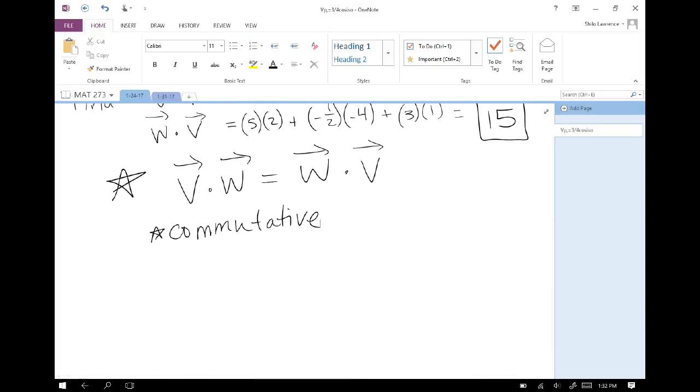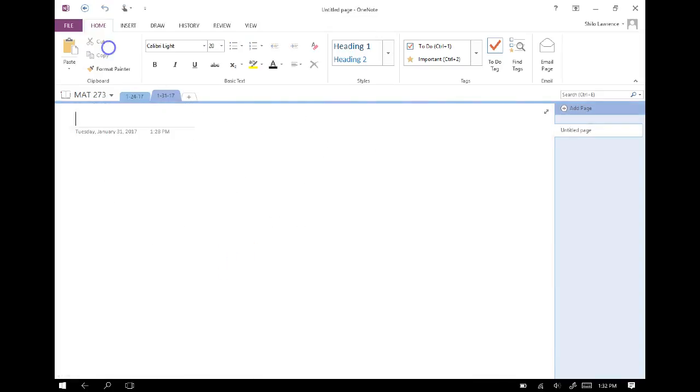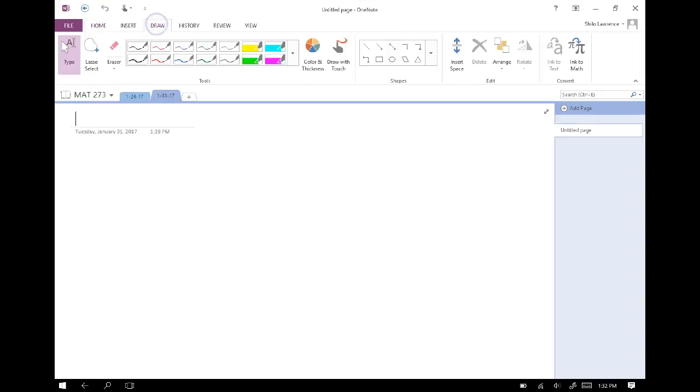But what we did not talk about is why we would need to know dot product and what it's used for. So most of the rest of this section is about dot product, what we need to use it for, some different formulas that use dot product, things like that.